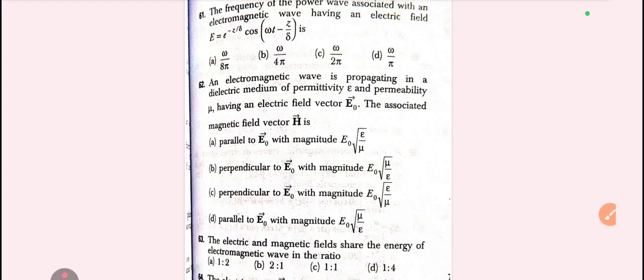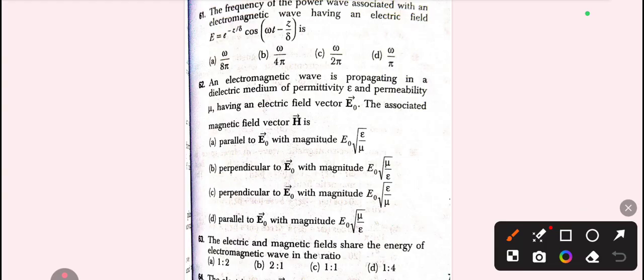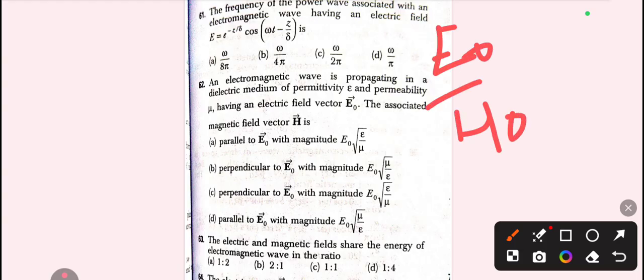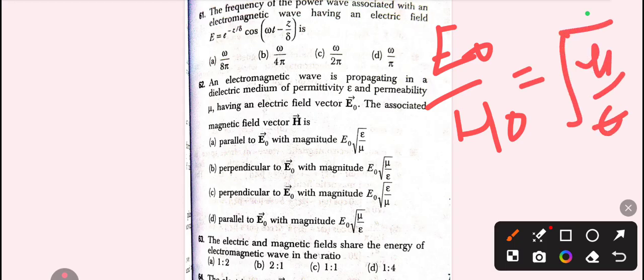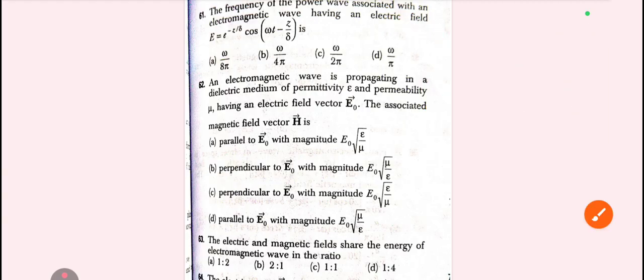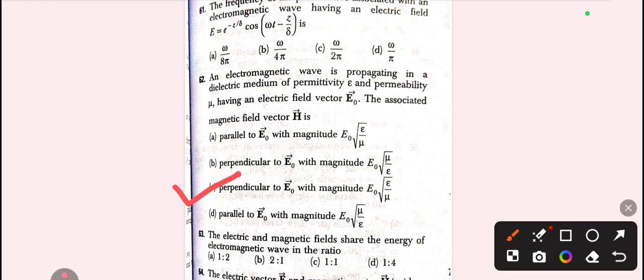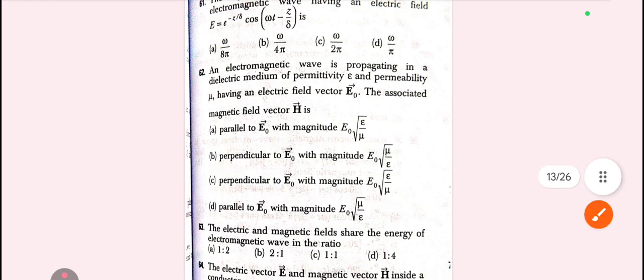First of all, this H is perpendicular to E naught, and then using the relation E naught over H naught equals under root mu over epsilon, we get H naught equal to E naught under root mu over epsilon. The right option for this question is C, perpendicular to E naught and this one.